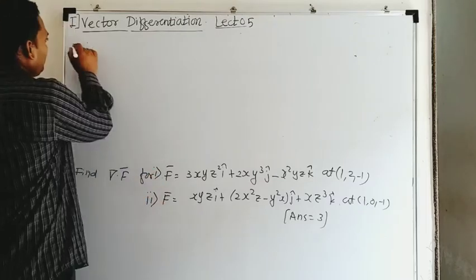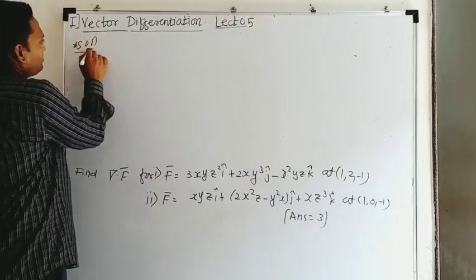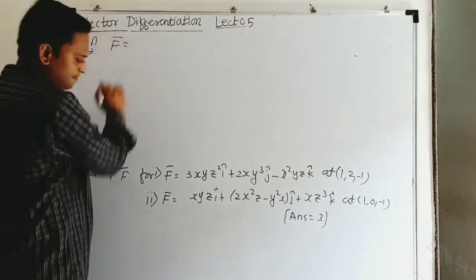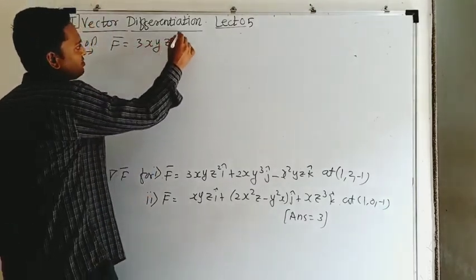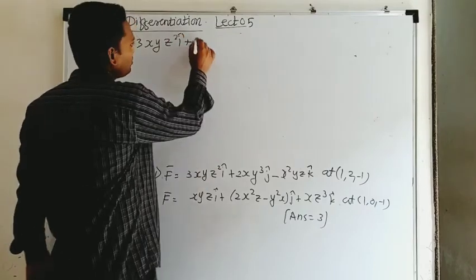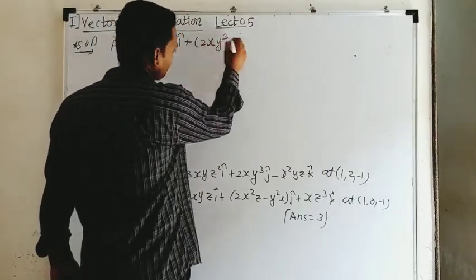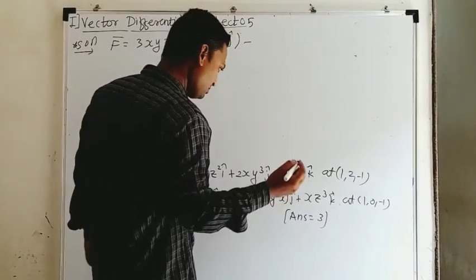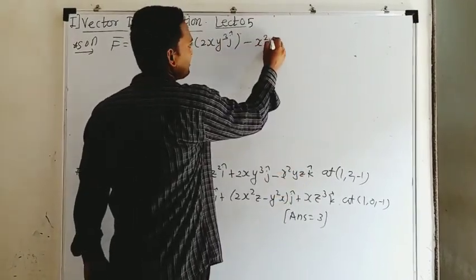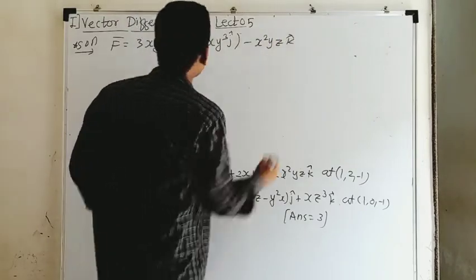Given the solution of the first problem, f bar is 3xy z square into i, plus 2xy cube j cap, minus x square yz k. So this is f bar.